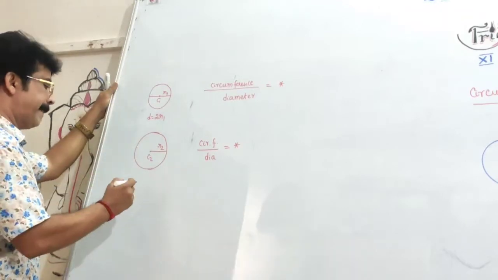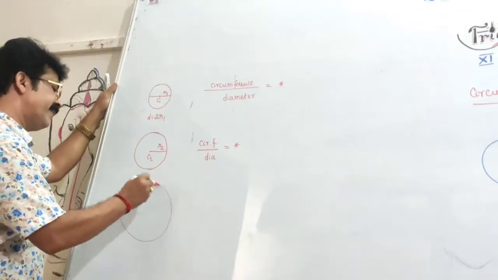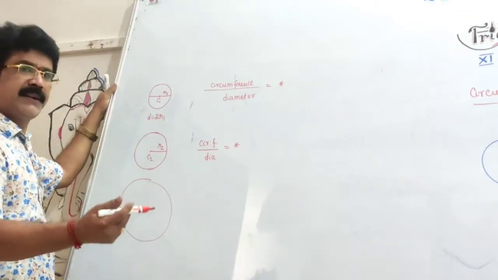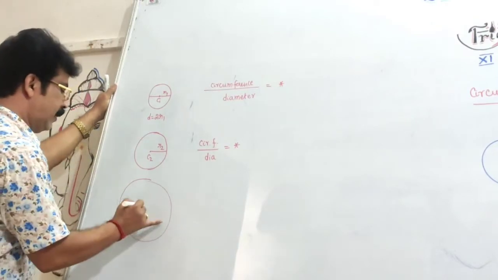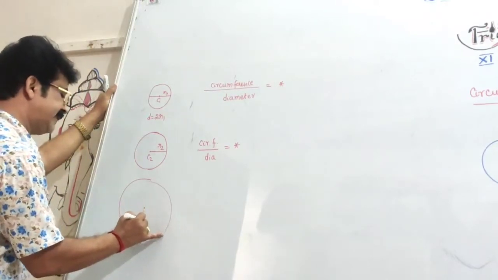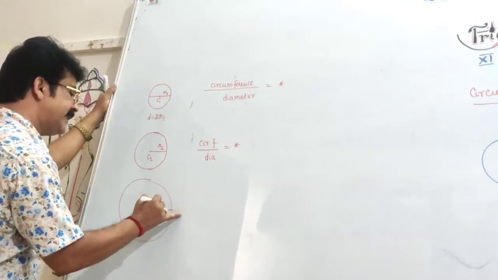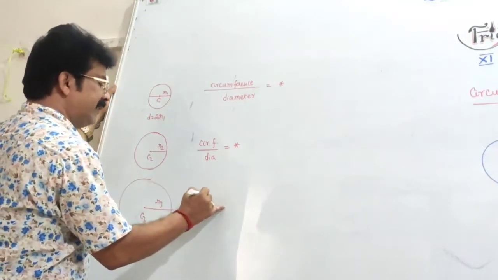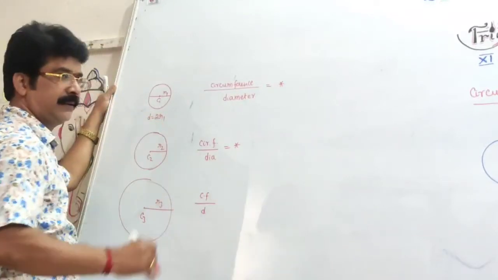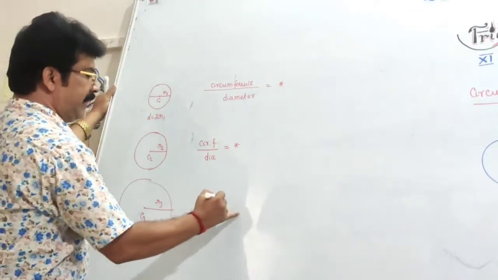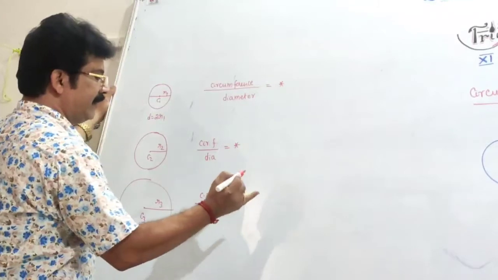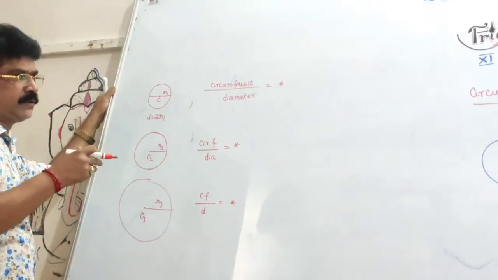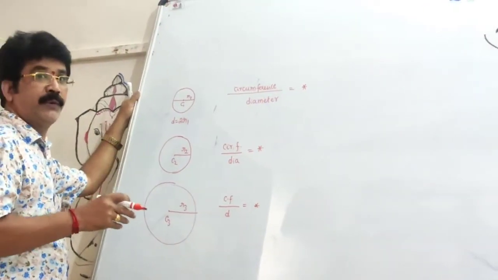Next time, let us take another circle of different size. Its center is C3, its radius is R3. Find the circumference divided by diameter. Unexpectedly, we are obtaining almost the same value.